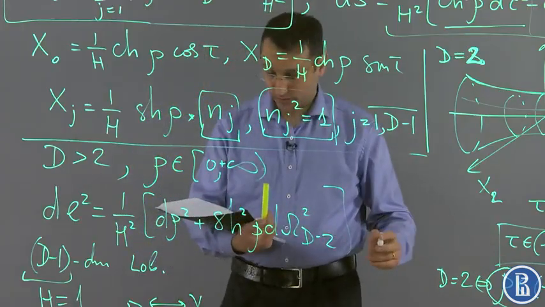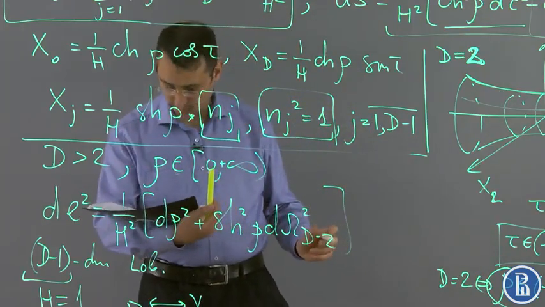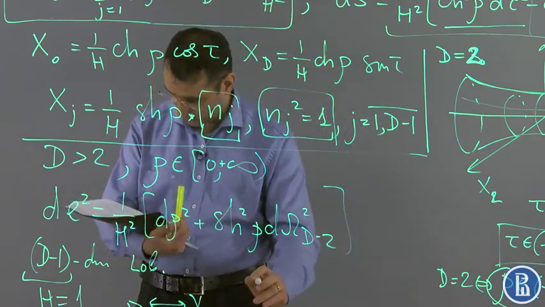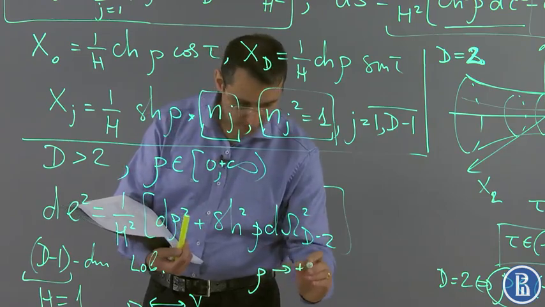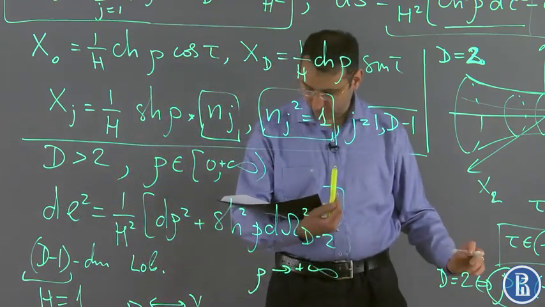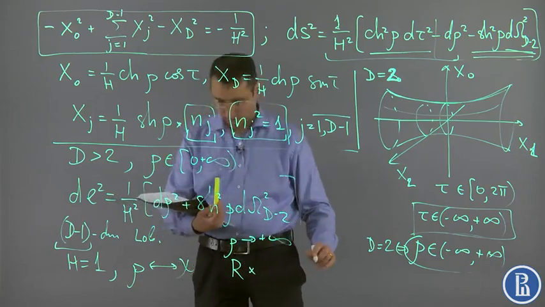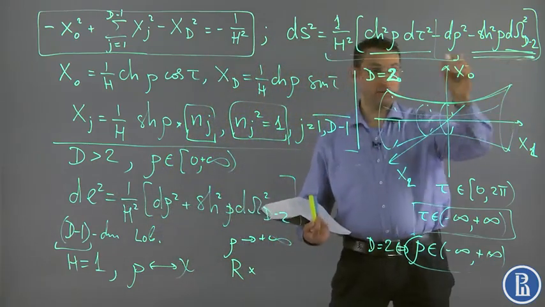It is also important that the spatial boundary of this space, when rho goes to plus infinity, is conformally equivalent to a cylinder.